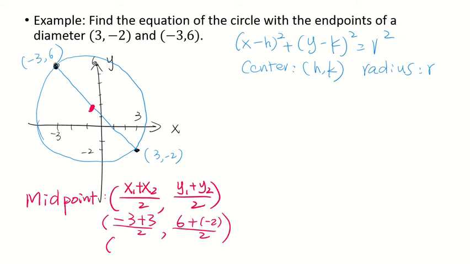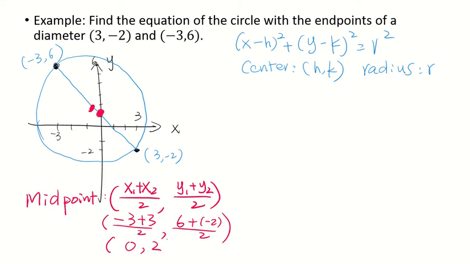Simplify this a little bit. We have 0 as well. My graph is a bit off. So actually the x coordinate is at 0, and the y coordinate is 4 divided by 2, which is 2.